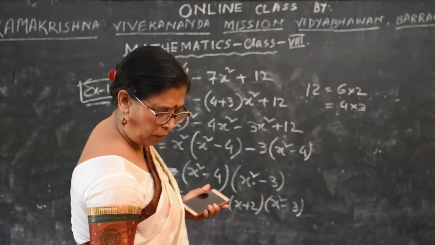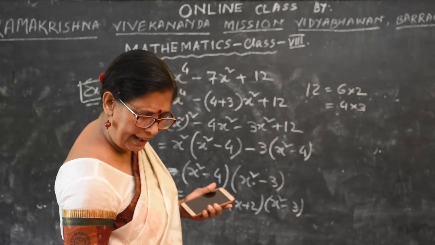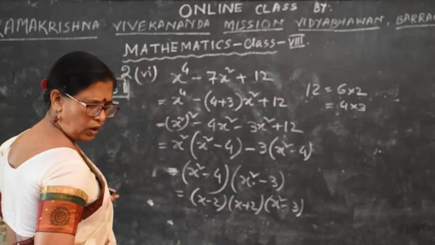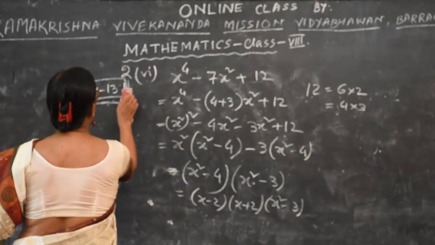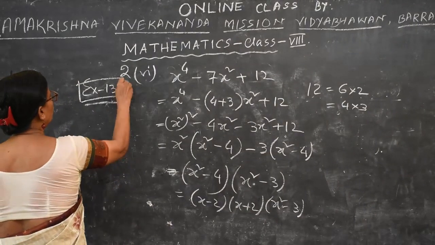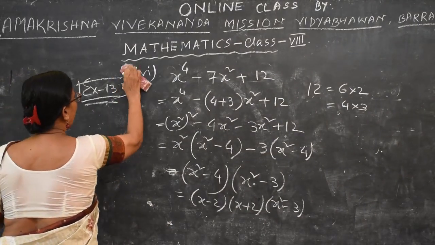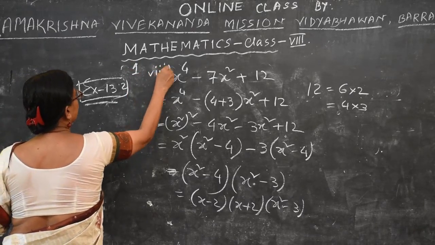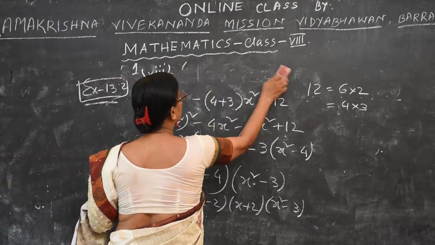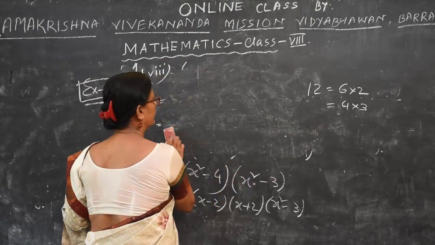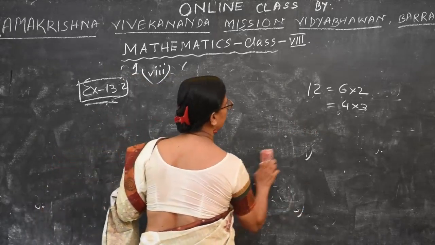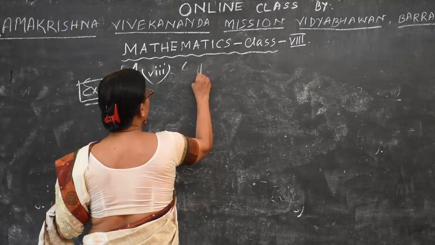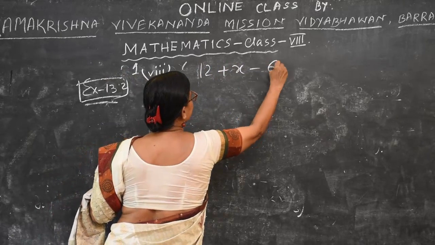Now we go for 13.2. Say in 13.2 we discuss this one, question 8. It is 12 plus x minus 6x square.